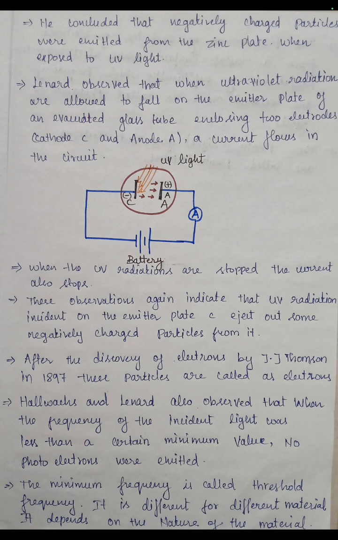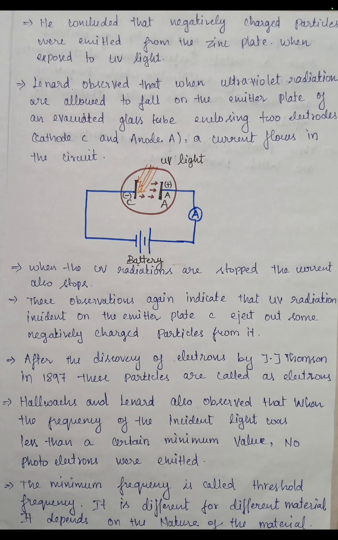One electrode is known as the cathode, another electrode is known as the anode. When the UV light is allowed to fall on the cathode, the electrons in the cathode absorb energy from the UV light, come out of the cathode and start to move towards the anode. Hence the current flows in the circuit.